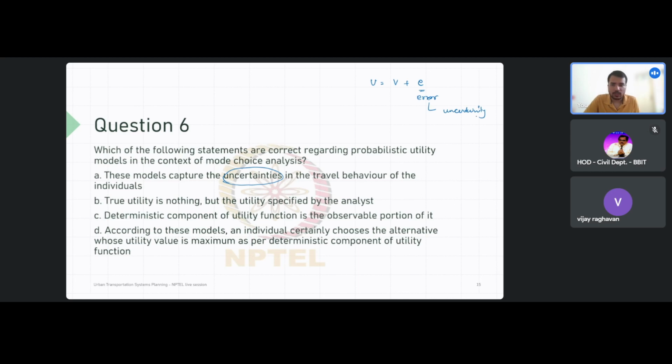So we are trying to capture it in the travel behavior. So A is correct. True utility is nothing but the utility specified by the, it is not the analyst, it is the decision maker or the person who is traveling. So the utility function that the traveler uses is called the true utility function. The analyst function is given by V.